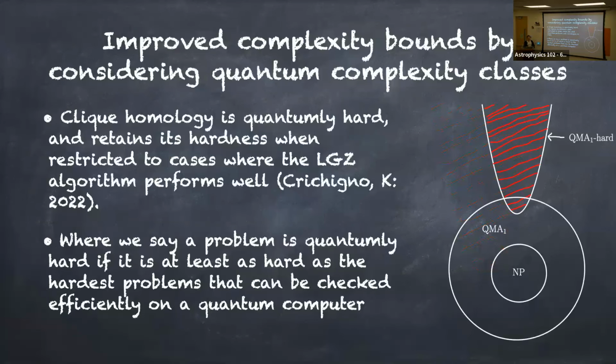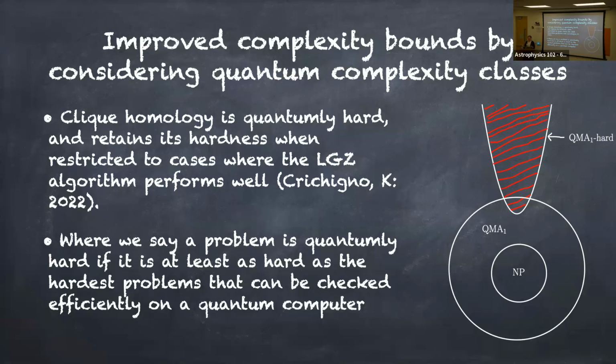And in recent work, with a collaborator from my previous postdoc, we studied the quantum complexity of this problem. What we were able to show is that this same problem, the problem of asking, does a simplicial complex have a hole or not, is actually quantumly hard. What that means is it's among the hardest problems that can be checked efficiently on a quantum computer.